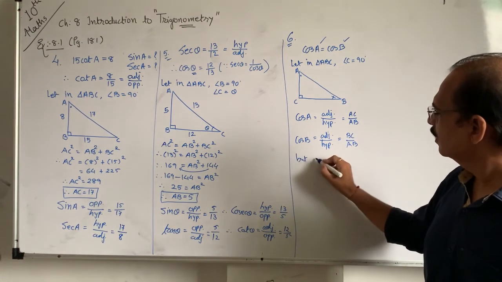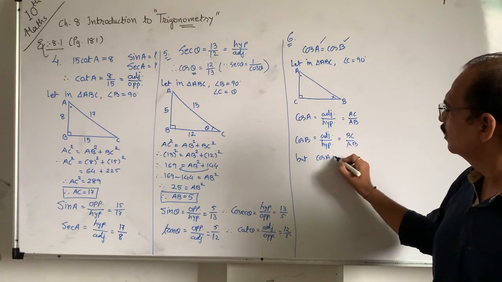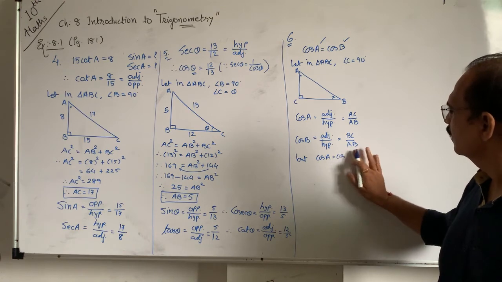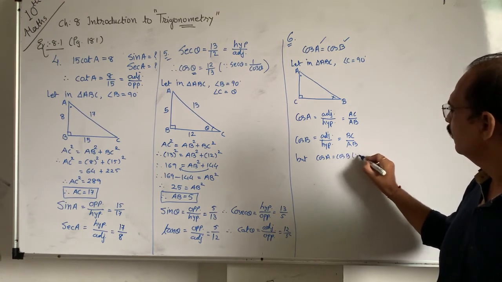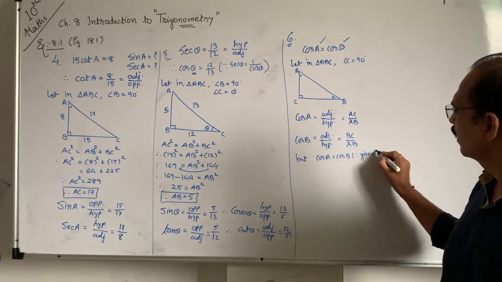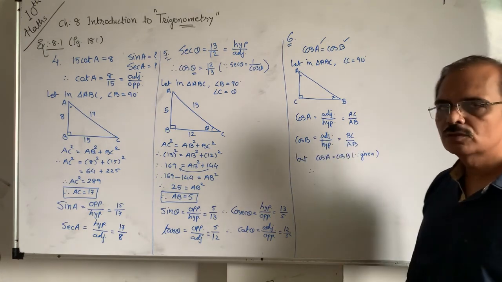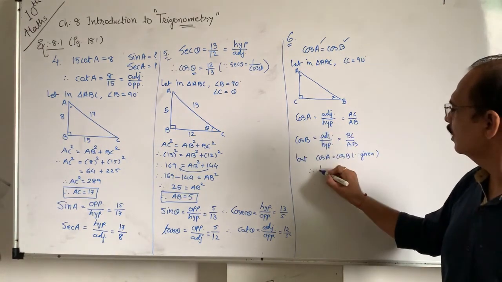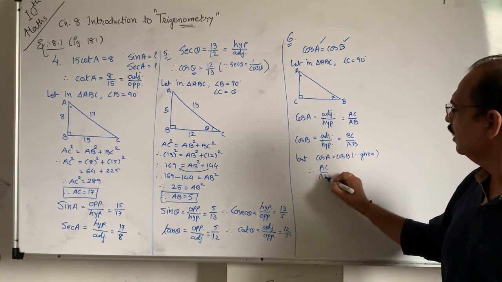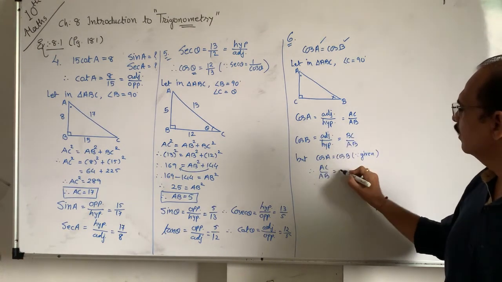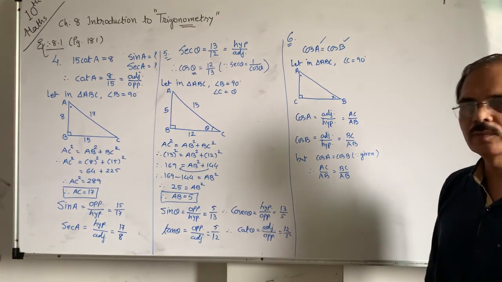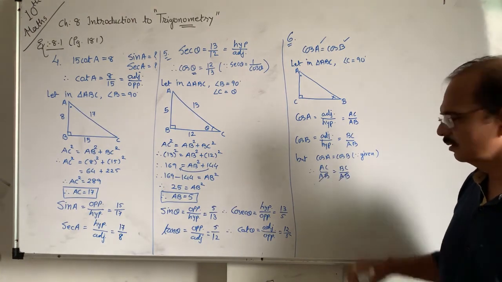But given is cos A equal to cos B. According to the diagram, cos A equals AC upon AB, and cos B equals BC upon AB. See, both have the same denominator, so you can cancel.